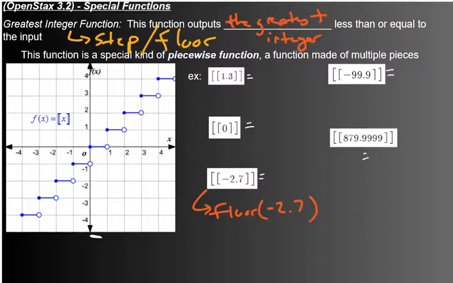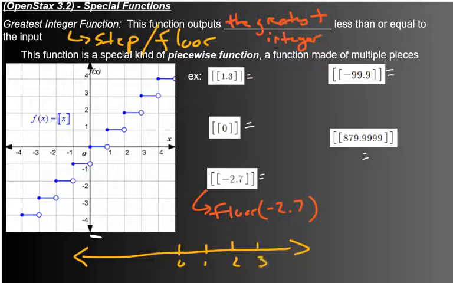And to at least see the first few of these, it helps to have a number line to go off of. So if you have, let's do 0, 1, 2, 3, and then -1, -2, -3. If I say this is like 1.3 or so right here, this little red dot, the greatest integer that is less than or equal to that would just be 1, right?